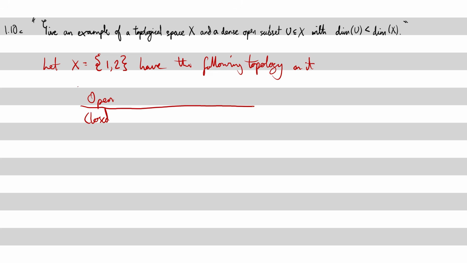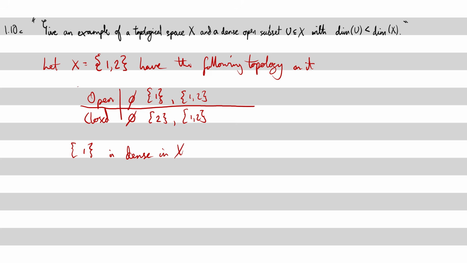For both of them, the empty set must be there. So now the closed sets are of the form empty set, {2}, {1, 2}. The open sets are of the form empty set, {1}, {1, 2}. Now, the smallest closed set containing 1 is {1, 2}. Therefore, {1} is dense in X.